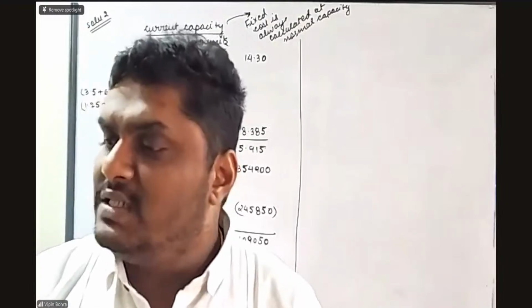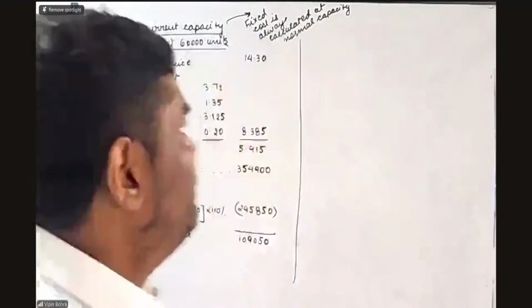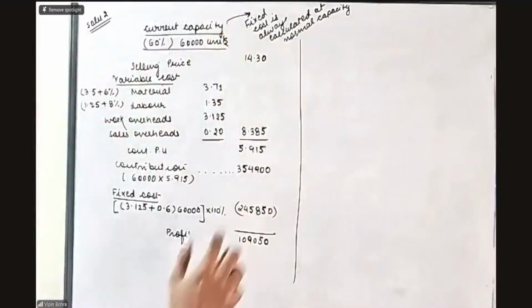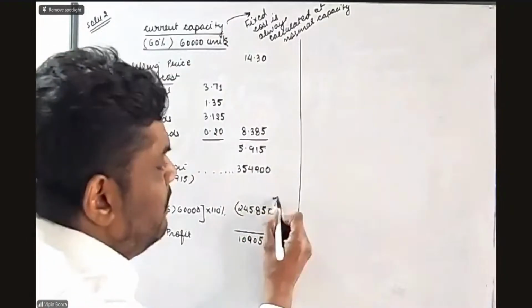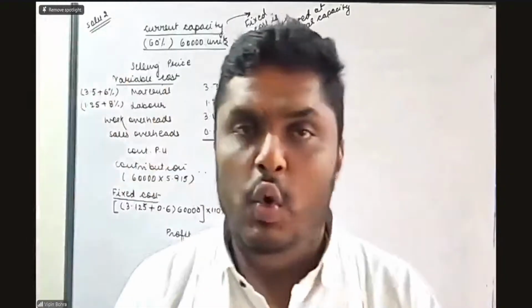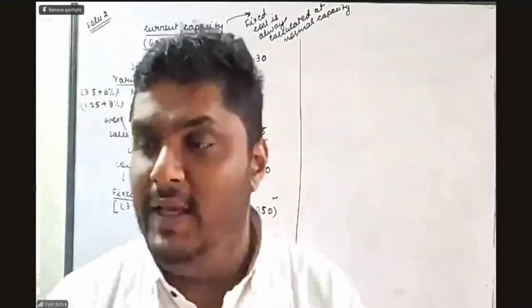So my fixed cost is already recovered from my current capacity, and I have recovered my fixed cost of 2,45,850.